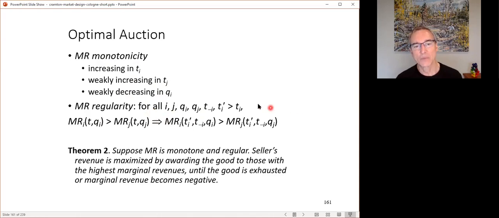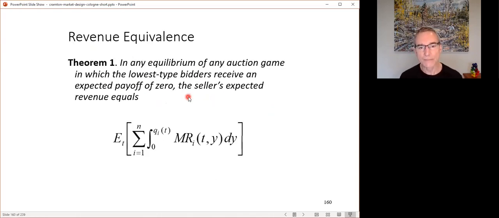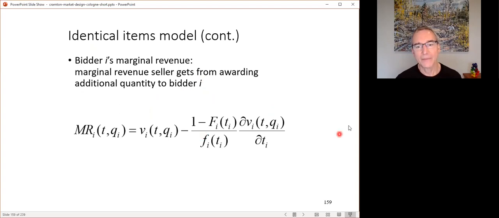And they're strong. They're not as intuitive, because for example, this monotonicity, going back, it's very natural for marginal value to be monotone. But once I subtract something from it, and it's this complicated thing that depends upon the inverse hazard rate and so on, then it's no longer quite as obvious that this should have the same monotonicity as marginal value.